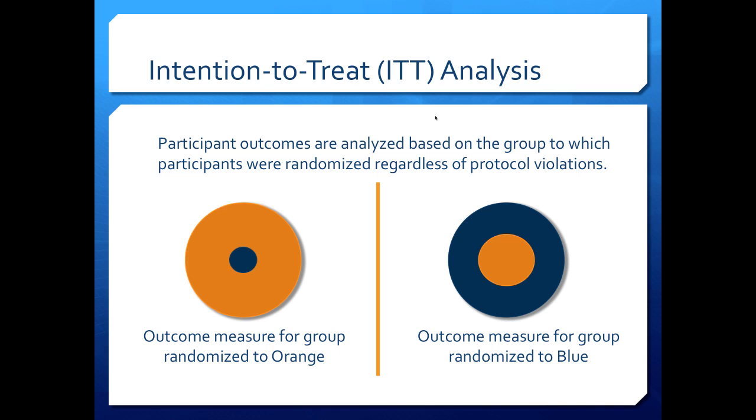The actual type of treatment received at a certain level is irrelevant. It is only with intention to treat analysis that randomization is maintained, and therefore the benefit of balancing known and unknown confounders stands.